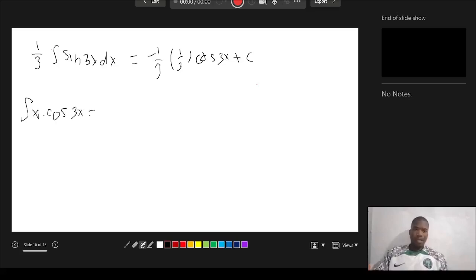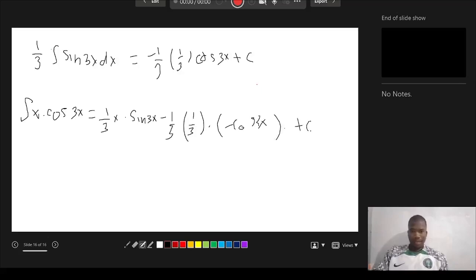3x is equal to 1 over 3x multiplied by sine 3x minus 1 over 3 multiplied by 1 over 3 multiplied by negative cos 3x plus c.